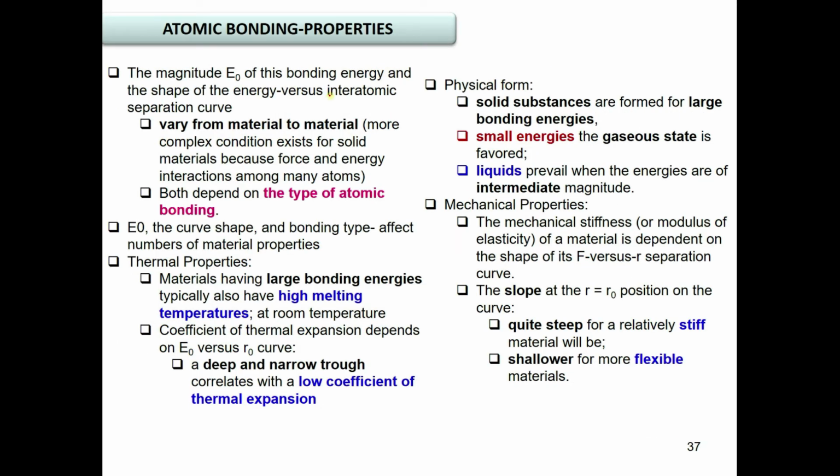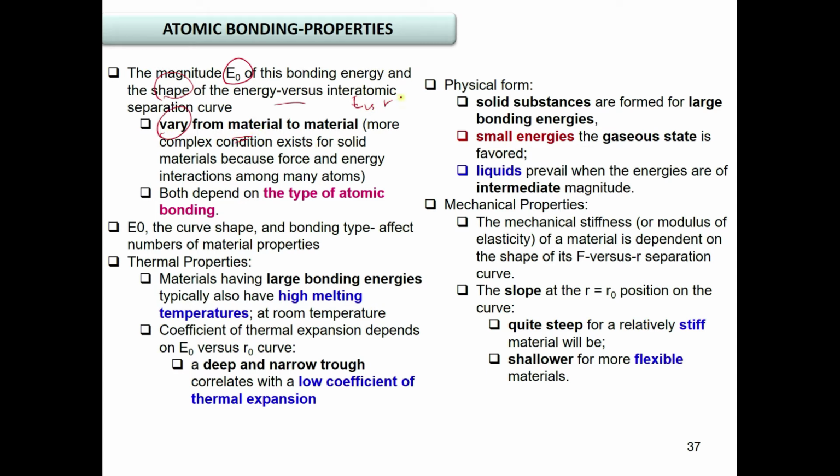The atomic bonding between atoms is going to affect the properties that we achieve. Even the magnitude of the bonding energy, E naught, and the shape of the energy versus interatomic separation curve, E versus R as in the previous slide, vary from material to material.